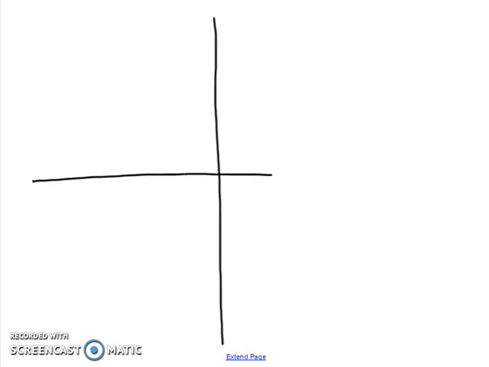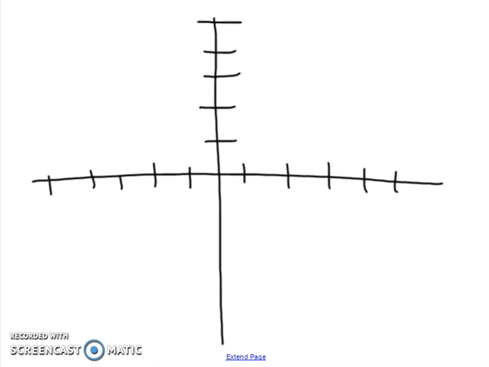So let's make a graph here. Okay, so we know that we have a y-intercept at 0, negative 3. So here's my y-intercept. I have x-intercepts at negative 1, 0, 1, 0, and negative 3, 0.